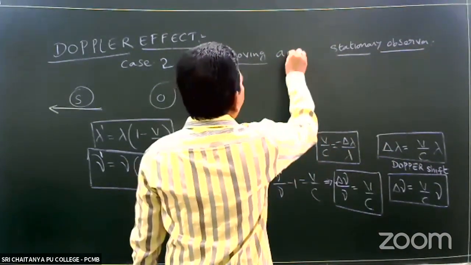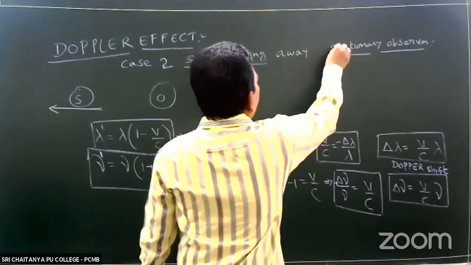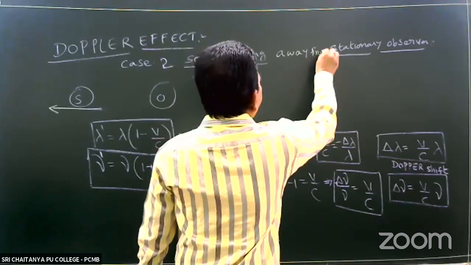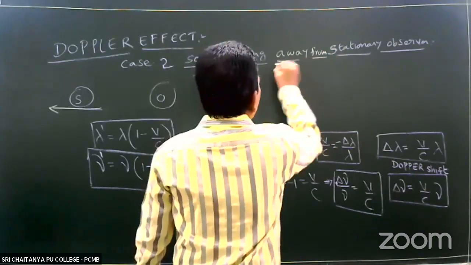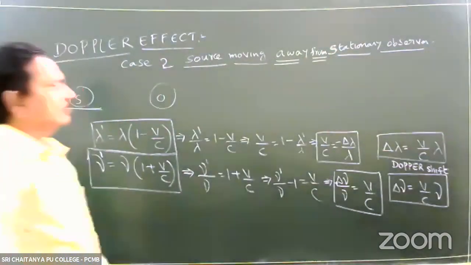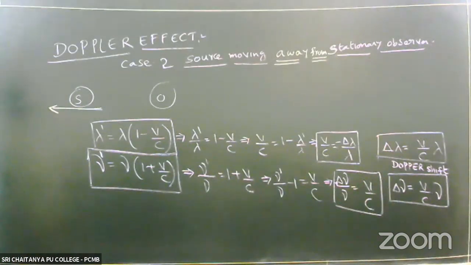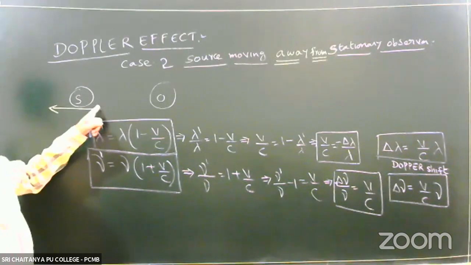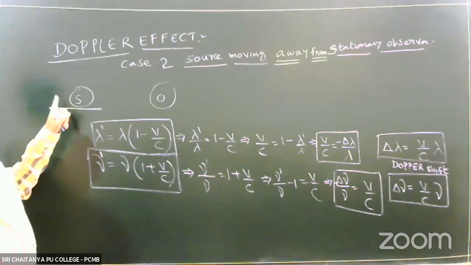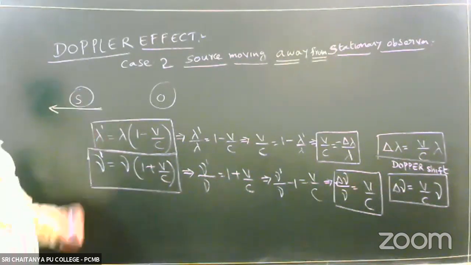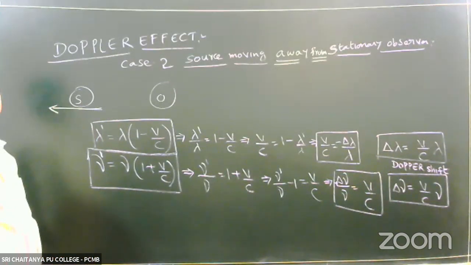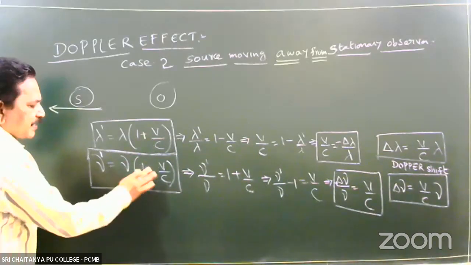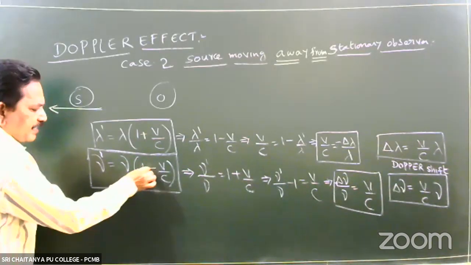Very simple. So in this case, because the source is moving away, the distance between source and observer increases. So wavelength increases, whereas frequency decreases.